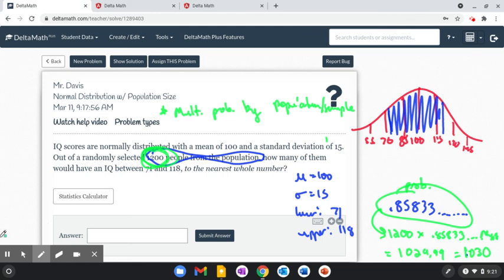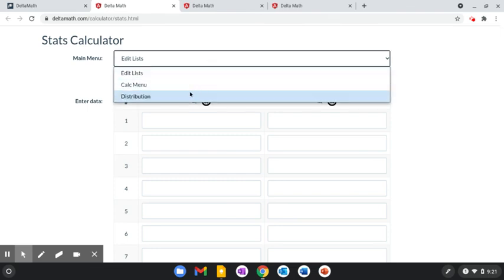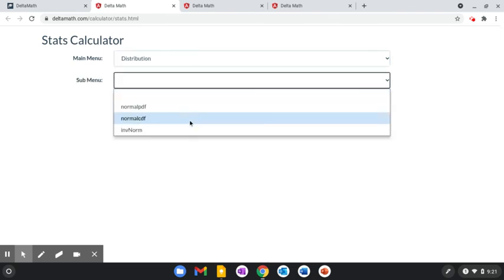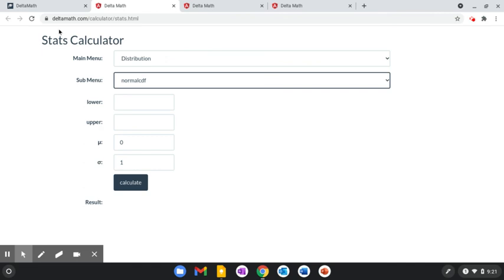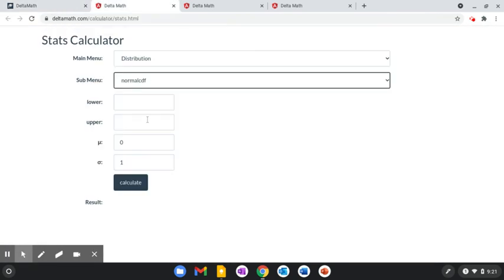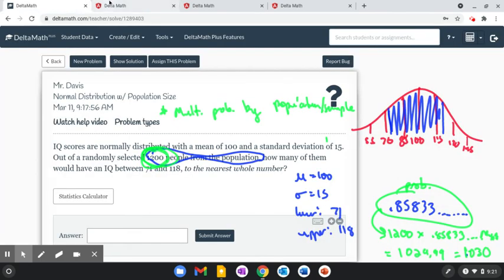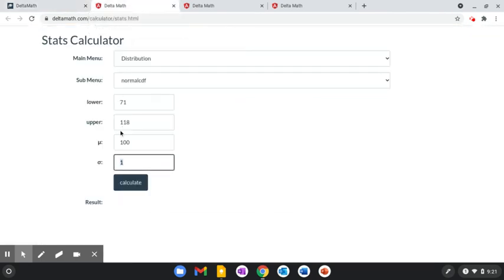We could do it the same way with the stats calculator. Again, navigating there, you go distribution, you then go normal CDF. We do our upper and our lower, 71 and 118. Mean was 100 and standard deviation was 15.